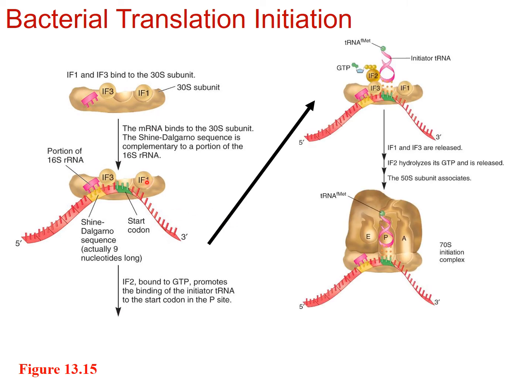Okay. So now this complex forms, and the initiator transfer RNA is brought to the start codon with assistance of initiation factor 2. The initiator transfer RNA is recognized as a methionine codon, but it has a different amino acid on it.